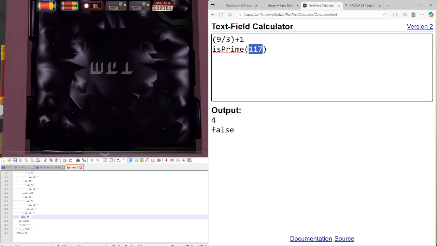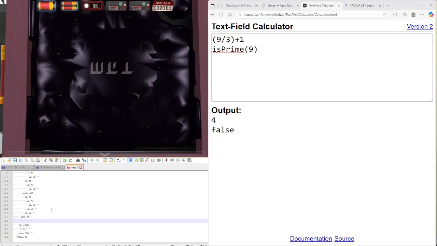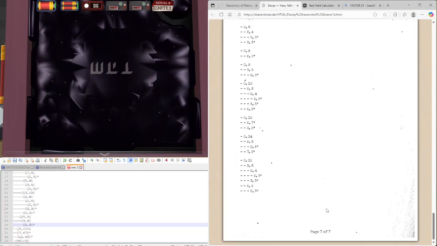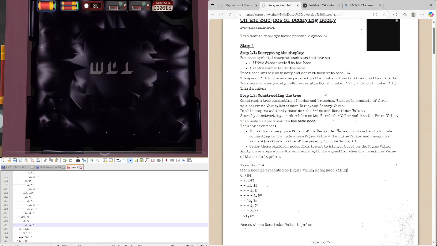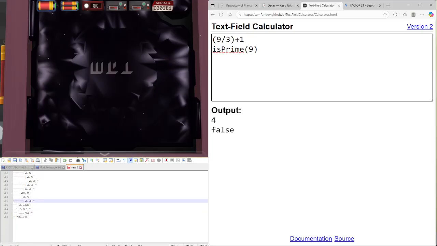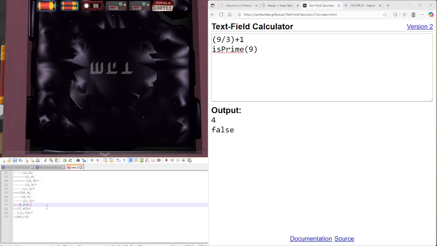29 is prime, but 9 is not. So this becomes 3 and 4, which then becomes 2 and 3. 155.